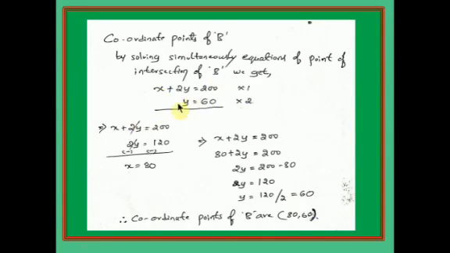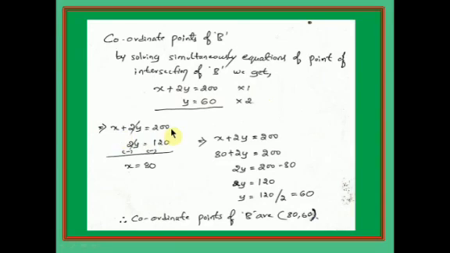You can observe here it is 2y, here it is only 1y. If I make this also 2y, by changing the signs, this plus 2y and the next minus 2y will get cancelled, and only x will remain. To make this y into 2y, let us multiply this equation by 2 and let this equation be as it is, multiplied by 1. First equation as it is: x plus 2y is equal to 200.